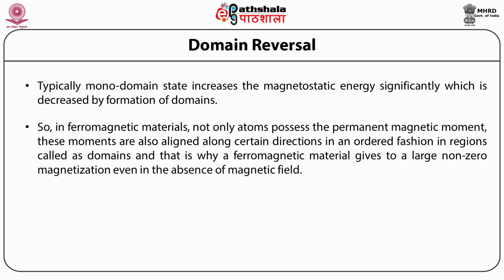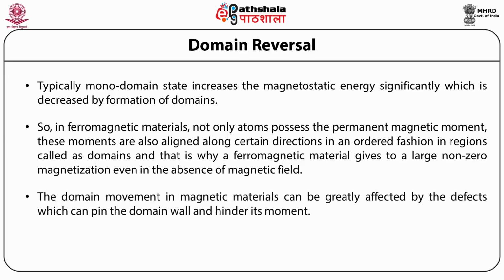That is why a ferromagnetic material gives a large non-zero magnetization even in the absence of a magnetic field. The domain movement in magnetic materials can be greatly affected by defects, which can pin the domain wall and hinder its movement.